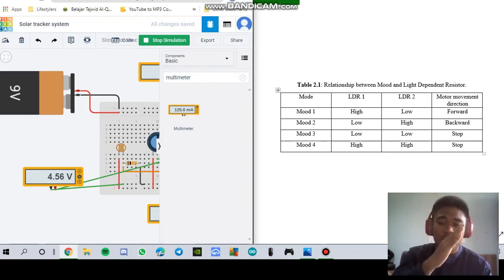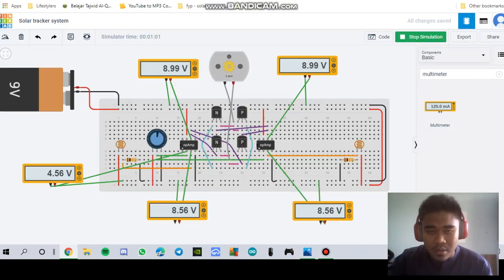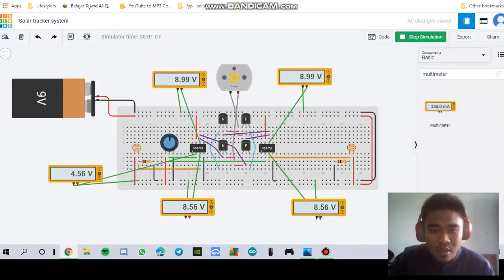When the sun moves back, it will move backward using mode 2, and the operation of the motor movement direction will repeat until the end. So this is a very simple solar tracker system circuit that uses only one axis.